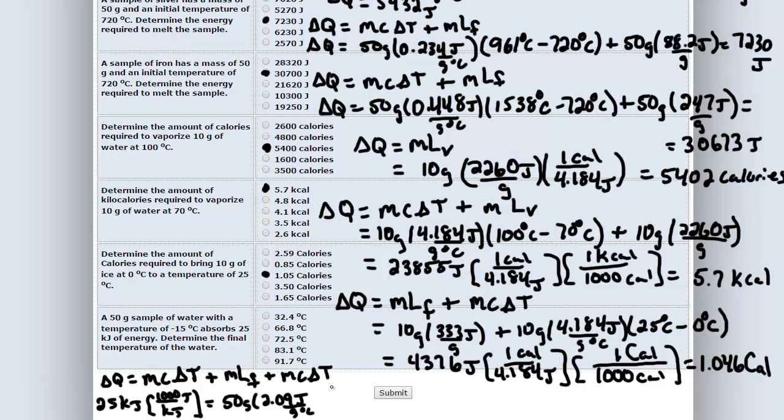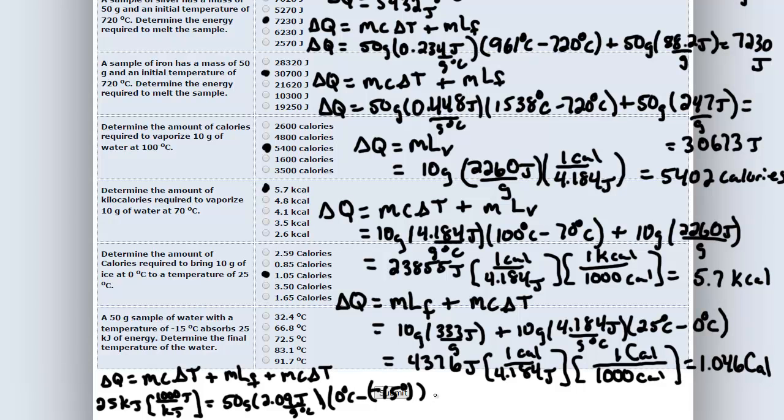That is the specific heat of ice. And then we have our temperature change, which is the melting point of ice at 0 degrees Celsius minus the temperature it's at, negative 15 degrees Celsius. Put a little parenthesis around there.